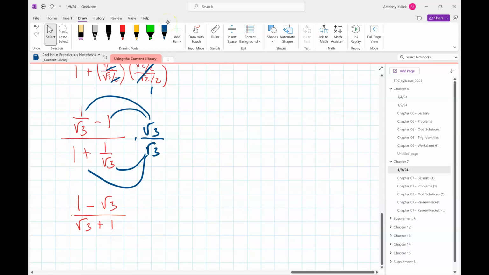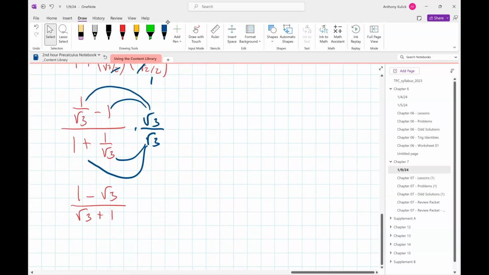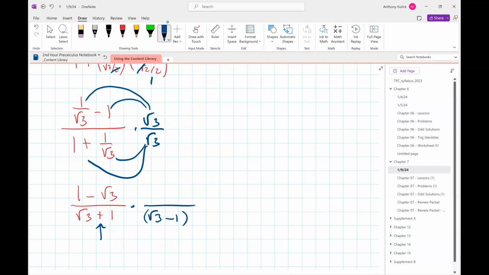Last thing I need to do is rationalize the denominator. Notice there is addition and subtraction going on in my denominator. So to do this, I need to multiply by the conjugate. The conjugate that I need is the same as the denominator, just with the opposite sign in the middle of the two things. So I do that to the top and bottom.